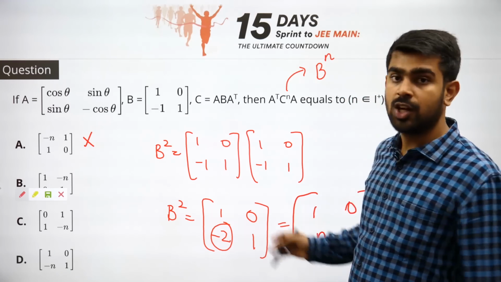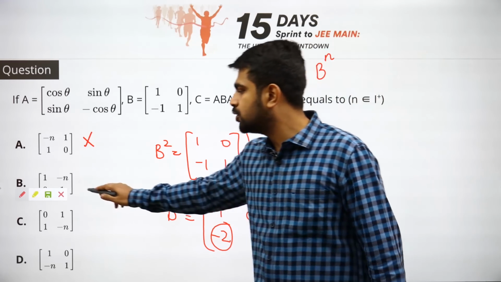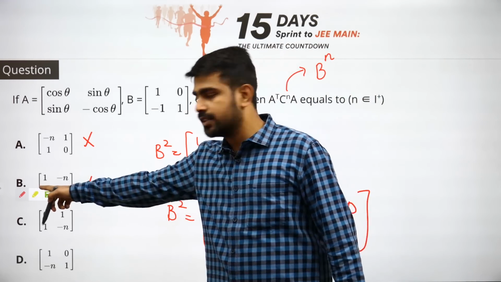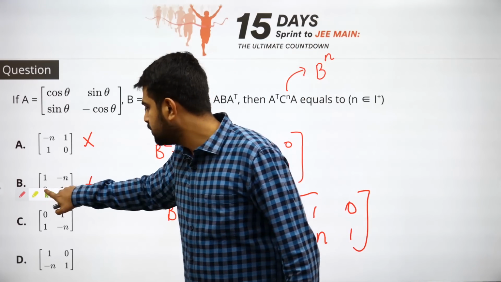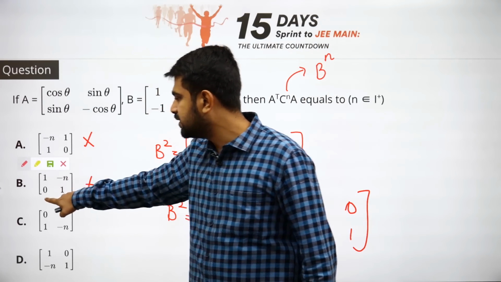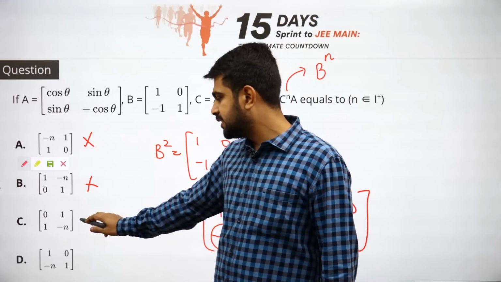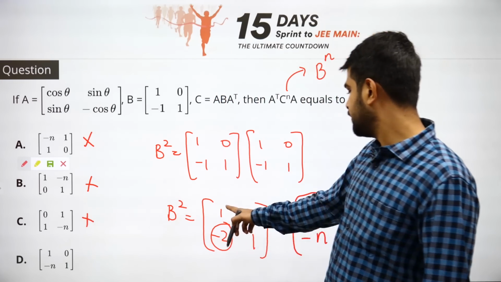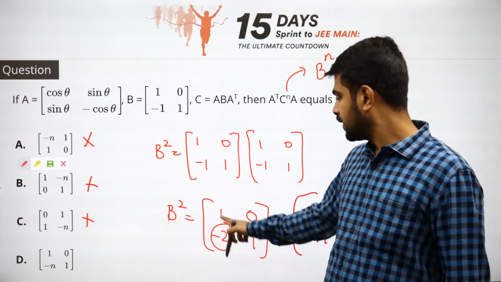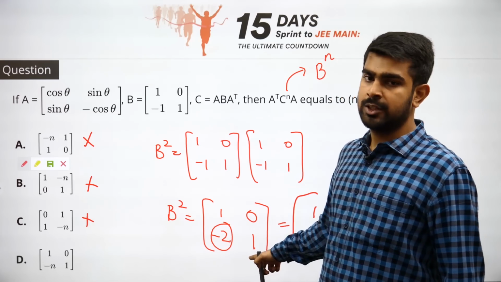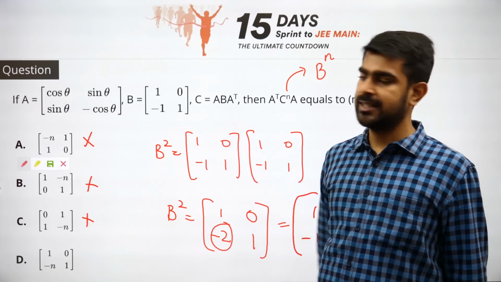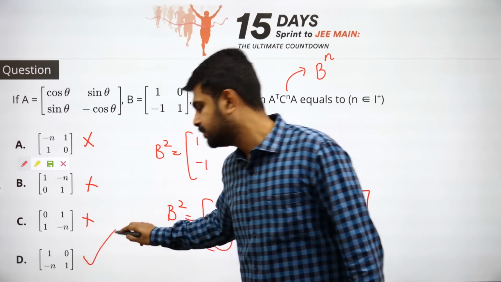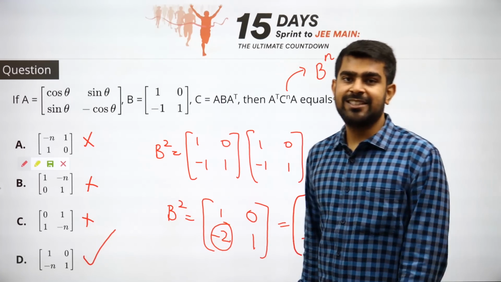It should be minus n according to my prediction. And this is also 0 because it is 0 over here. As you can see, it is 0 over here. And this is obviously wrong because my first 3 are 1, 0 and 1, and that is not present in my option C. So what is my answer? That's it. As simple as that.